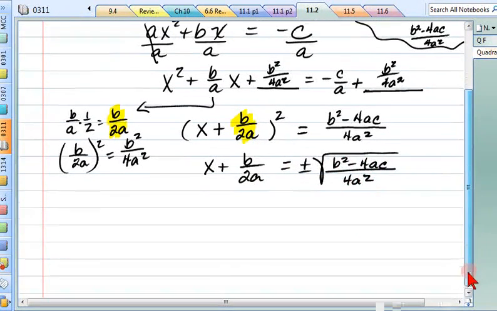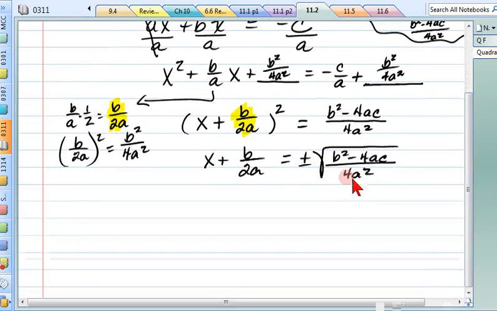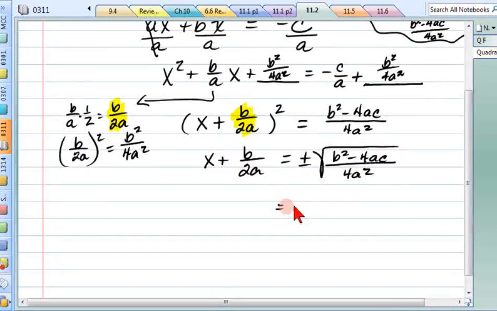Now, if you will, look at just this. The numerator, I don't know what the square root of that is, so I'm going to just write down plus or minus the radical of b squared minus 4ac.